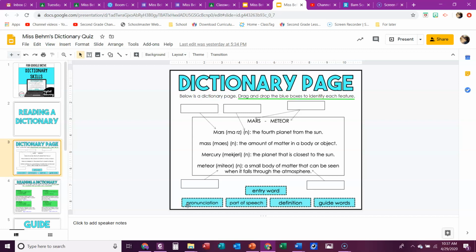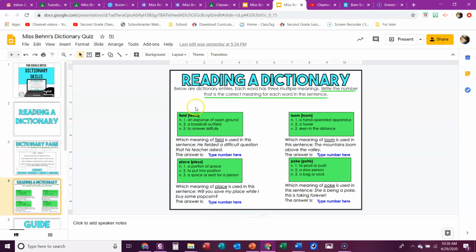Pronunciation is how you would say the word. Parts of speech is if it's a noun, verb, adjective, all those things. And usually they have a little abbreviation. For noun it could be N, ADJ for adjective, and verb is a V. Definition is usually after the word itself. So you're going to use this to help you label the dictionary page.